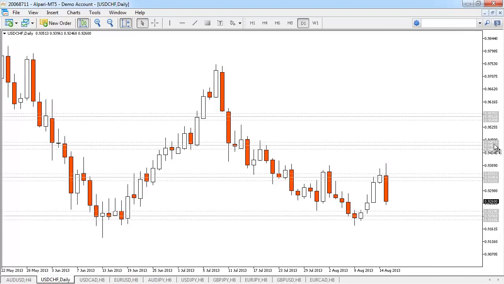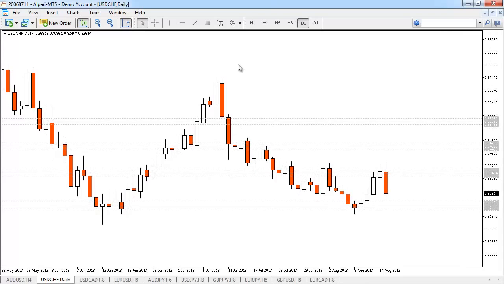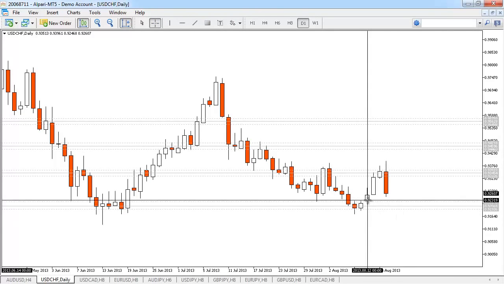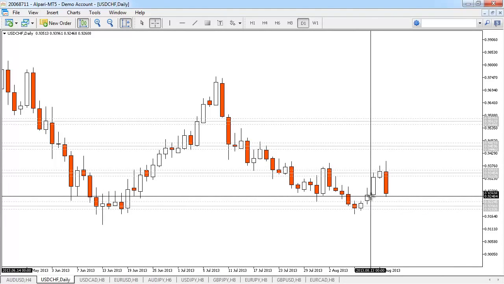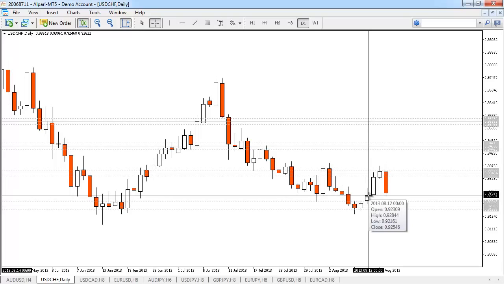And if a rounded number is broken, so if the buyers, in this case, because I want to buy here, it's a bullish reversal trade that I'm looking to take. If the buyers are able to break through the psychological level, even though psychological levels are minor support resistance, that indicates to me that they have taken control of the market because they've been able to push up and then they've been able to break through that level.